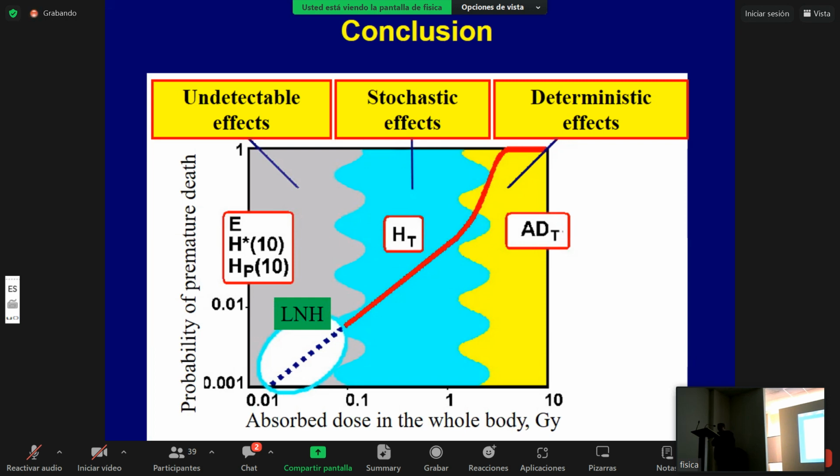A causal relationship between cancer death and exposure cannot be established if the whole body dose does not exceed 0.1 gray. The slide shows the areas of doses of external exposure to photons where it is advisable to use certain dosimetric values to assess the consequences of a radiation accident.